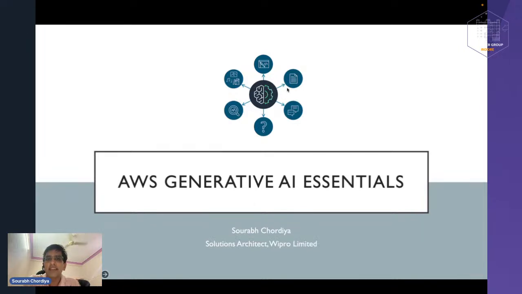So it can basically generate all the blue circles that you see around the central circle. It can generate text for you. It can generate music for you. It can generate chatbots, images, whatsoever, right? Videos. I mean, the possibilities are becoming limitless as we go along.